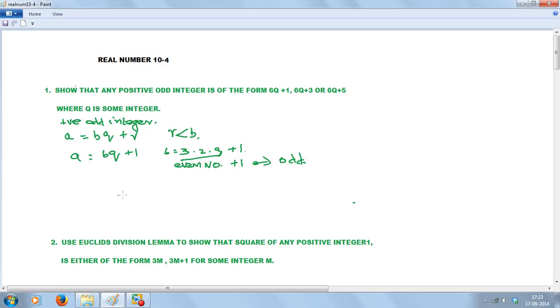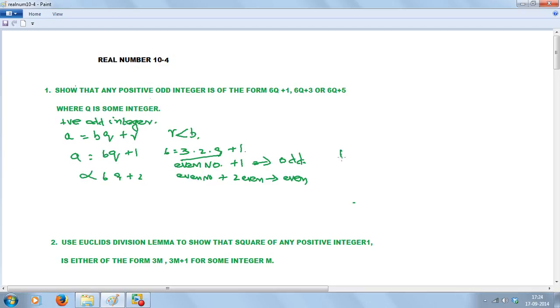So this is true. Similarly, when 6q plus 2 is there, 6q is an even number, plus 2 is again even, so the result is even. So this we are not taking.